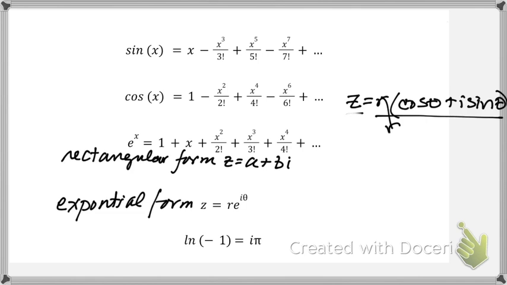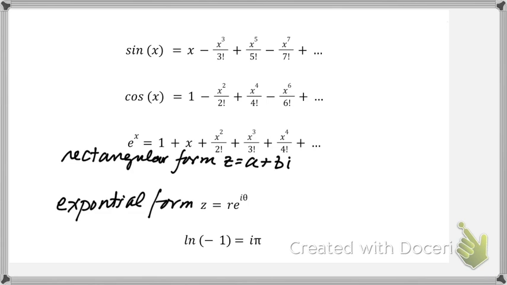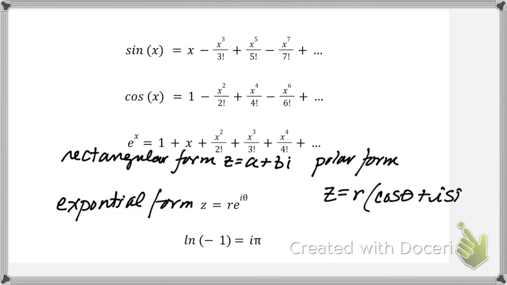So if I go back to this original equation as I wrote it, it's not too messy. I think you can see z equals r. I'll just rewrite it. z equals r (cosine theta plus i sine theta).